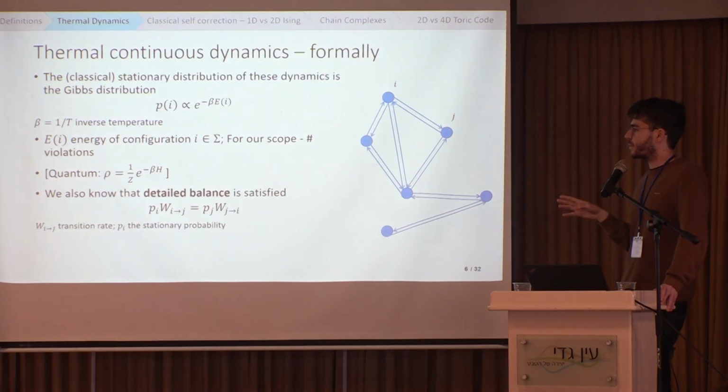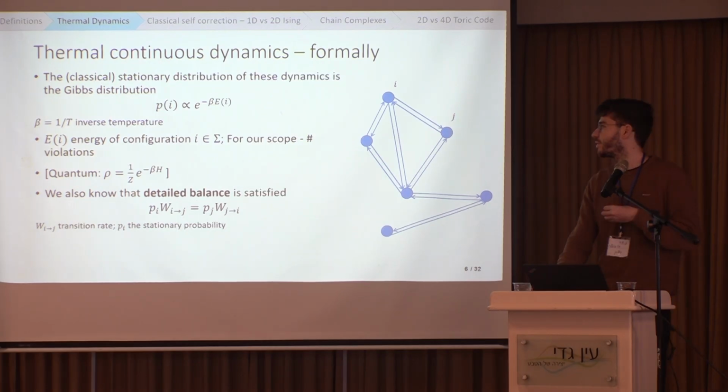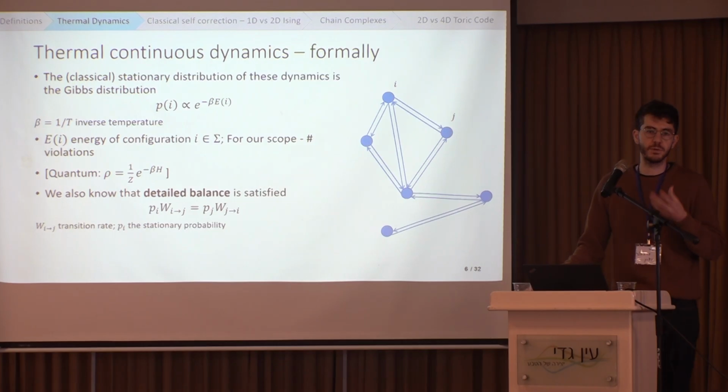Why is detailed balance important for our discussion? Because we don't care only about the stationary distribution, because once we reach equilibrium, we actually lose our initial information.